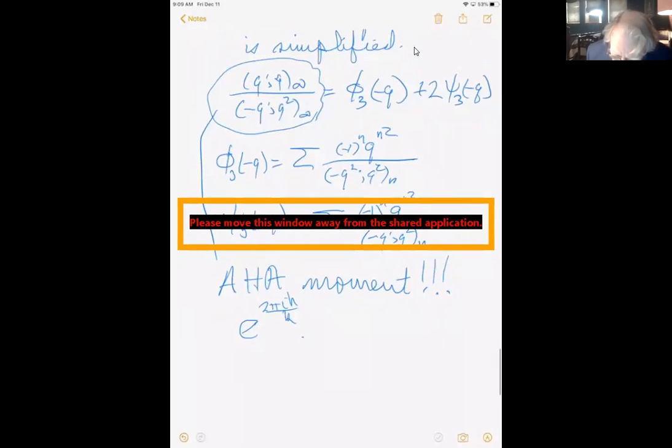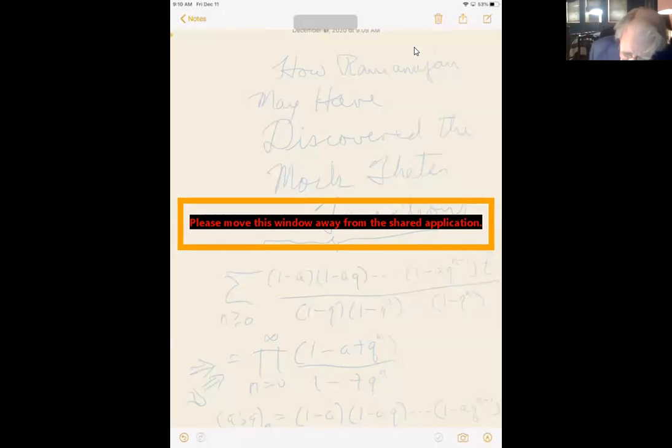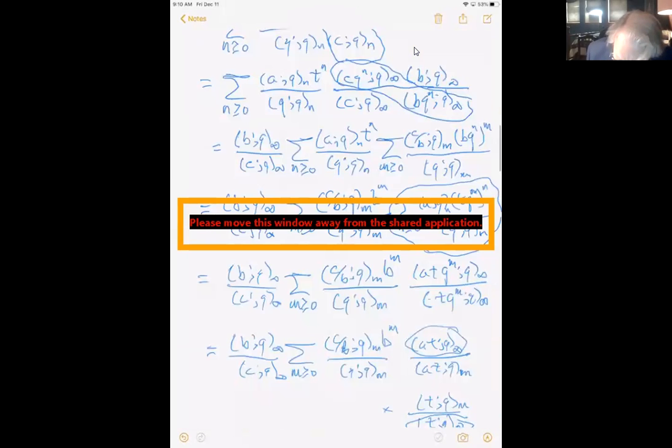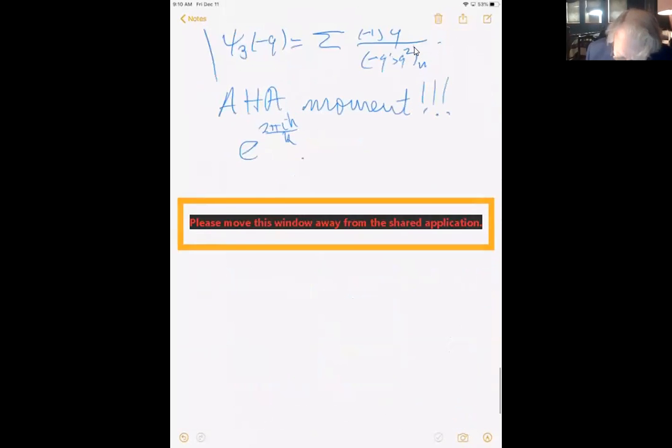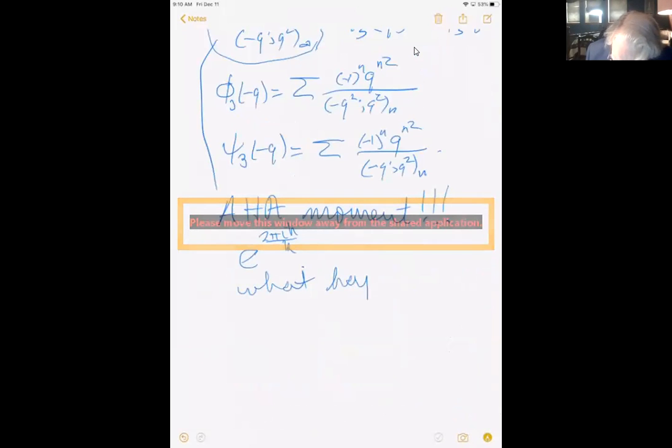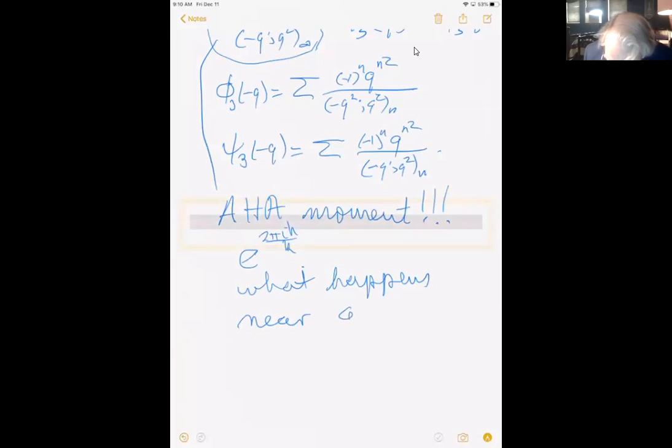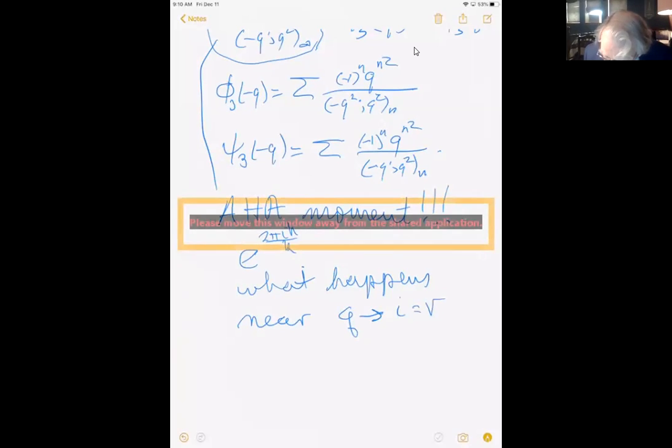What happens near q tending to i, the square root of -1? Or let me make it easier than that.